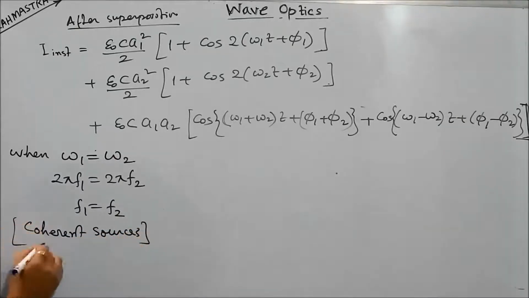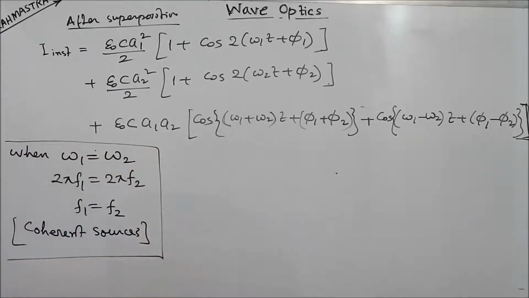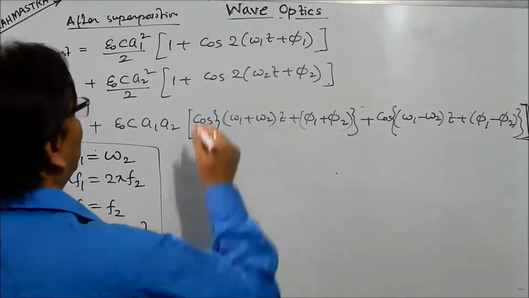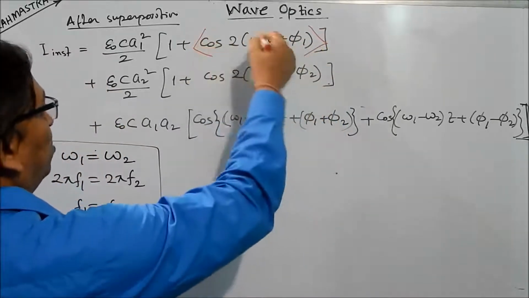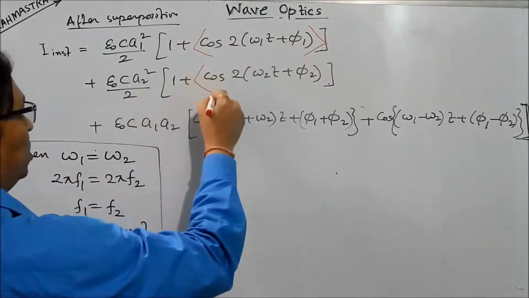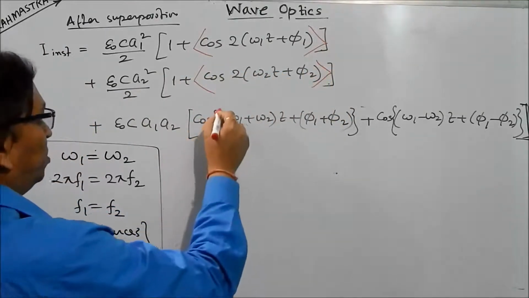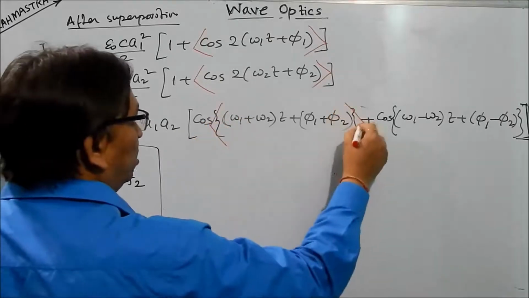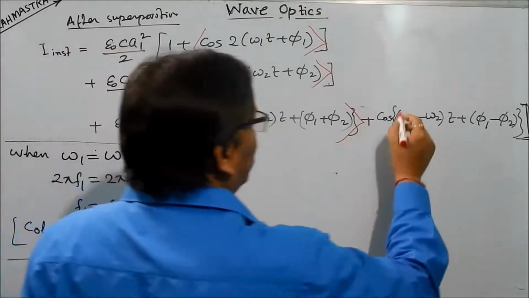So if they are coherent sources, this is the condition. For coherent sources, the time average, which is generally given by this sort of bracket, so this is the time average. The time average of this will be 0, and this is also a function of time, so the time average of this will be 0, and the time average of this is also a function of time, so this will give 0, and this is also 0.